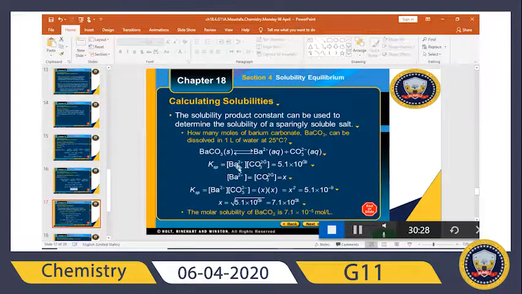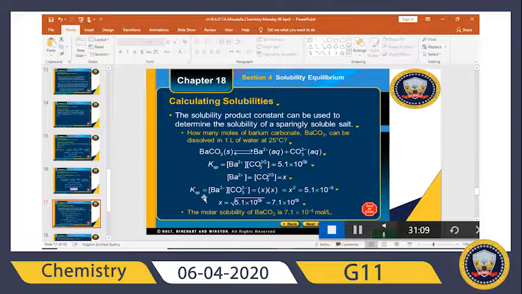Then you can write the expression Ksp equals the concentration of barium times the concentration of carbonate ions, equal to 5.1 times 10 power minus 9. So these two concentrations are equal. The concentration of barium is equal to the concentration of carbonate ions, and we can put X instead of either value.